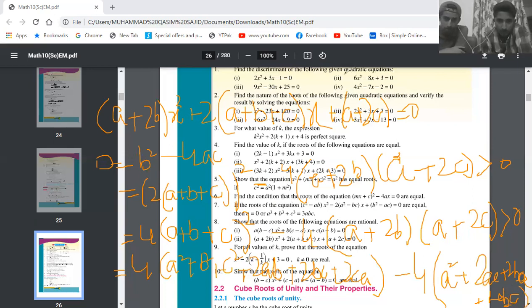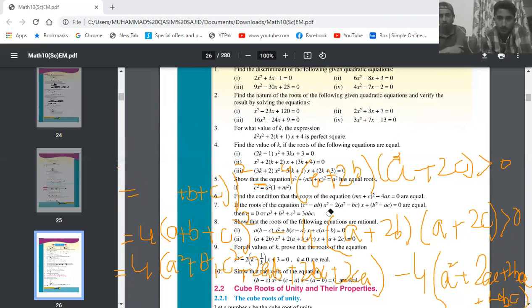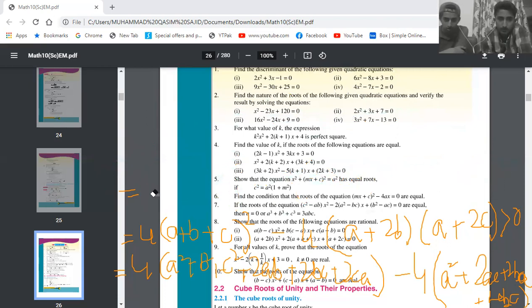Now just simplify the equation. For simplification, multiply the whole value.